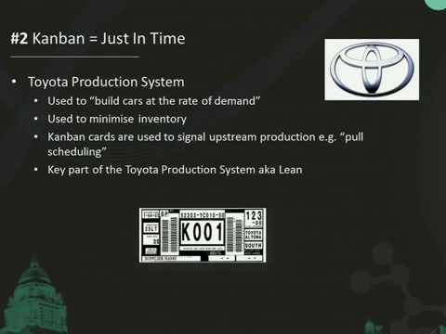It's not as simple as that, but that's effectively it. It's just in time. And they used it to minimize inventories, so they didn't want to hold 1 million wheels in a factory waiting for someone to order a car. They wanted to order from their suppliers just in time. And the Kanban cards were really used to signal to those suppliers of those upstream activities to deliver more. We need delivery now. And it's that key part of the Toyota production system.